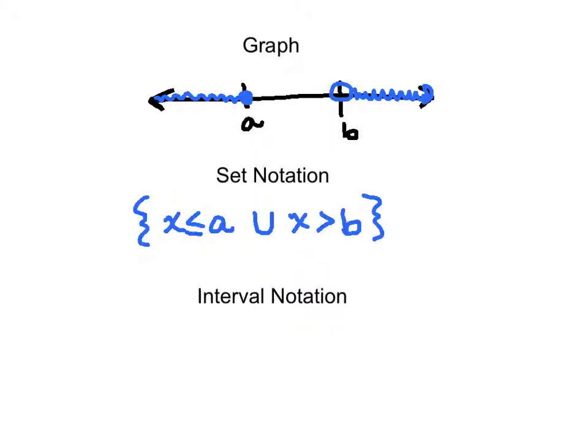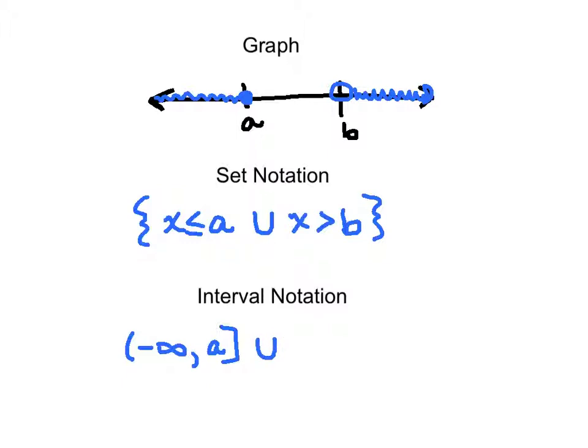If I want to represent this in interval notation, I'm again going to have to use an or. Remember, interval notation is representing a continuous interval along the number line. So I would have to say, let's begin at negative infinity, open-ended interval from negative infinity. Include all of the numbers up to A. Include the A, and so I'm going to use the bracket to close off the interval, or, the union symbol for or.